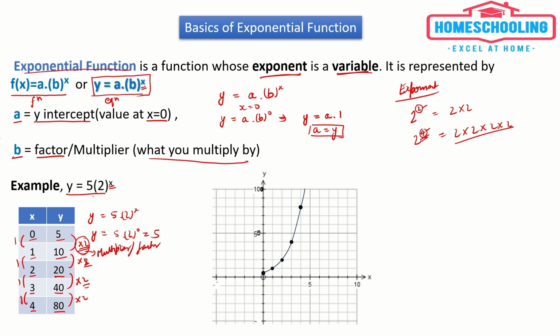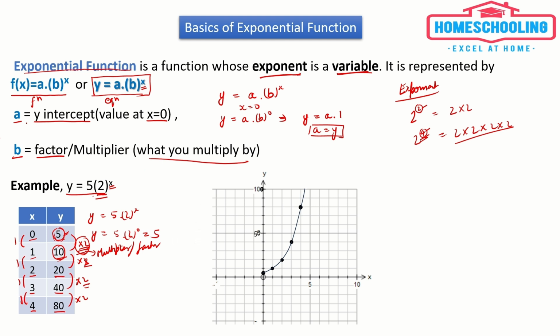So that's why it is called a multiplier. So b is called a factor or a multiplier because the next y value is 2 times the value. As you can see, 10 is 2 times the previous value of y, that is 5 here.